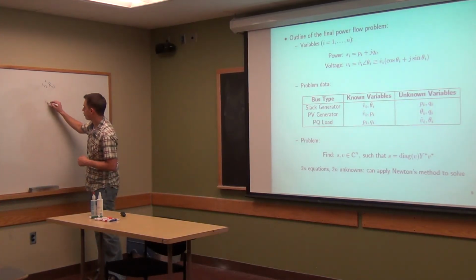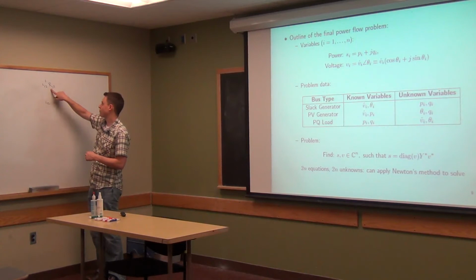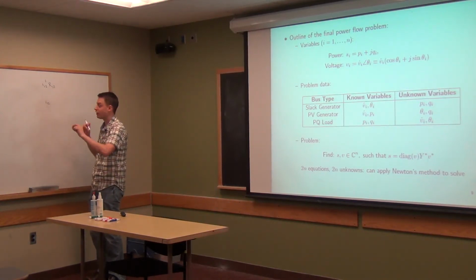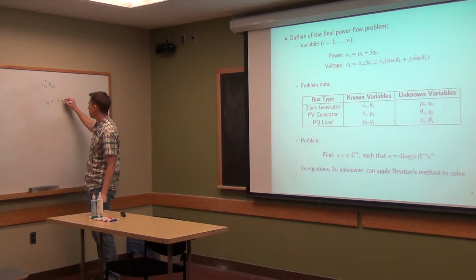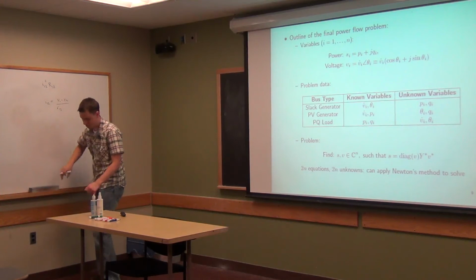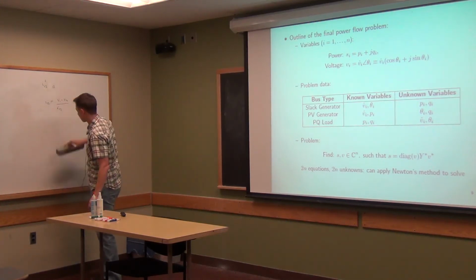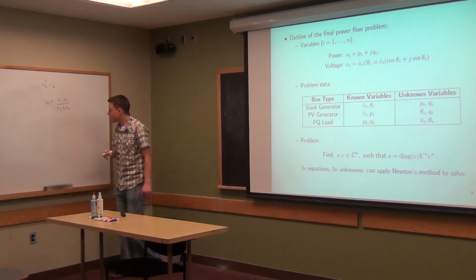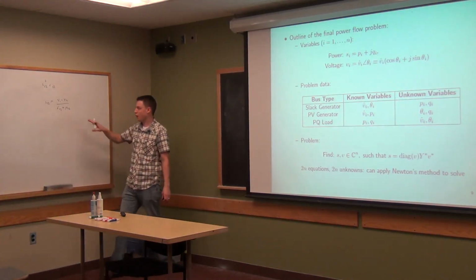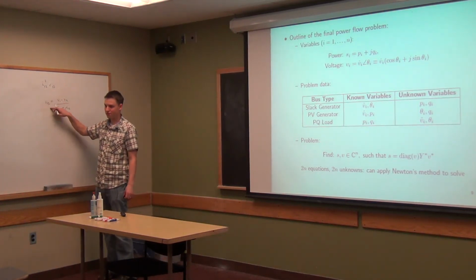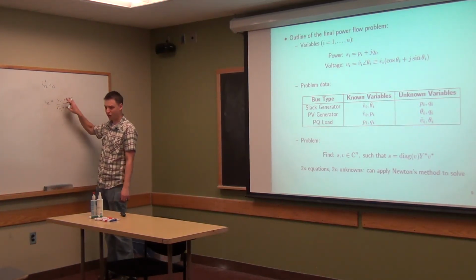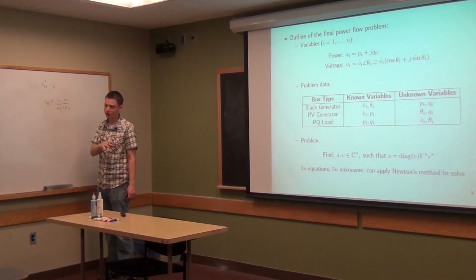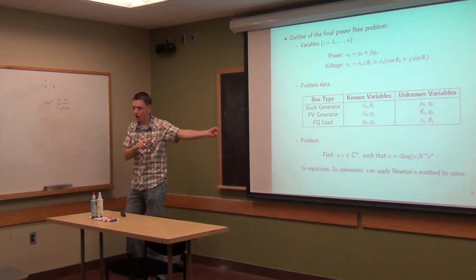Remember, I12 equals the voltage at 1 minus the voltage at 2, divided by r12 plus jx12, where r is the resistance in the line itself. The problem is our loss here depends on the current flowing through it. This depends, in turn, on the voltages, which we don't know until we solve the problem. So these voltages are unknown at first. We don't know them until we actually solve the power flow equation.